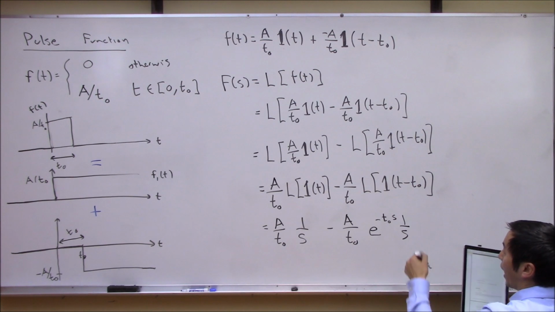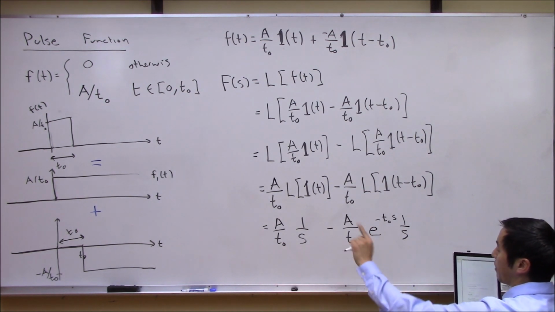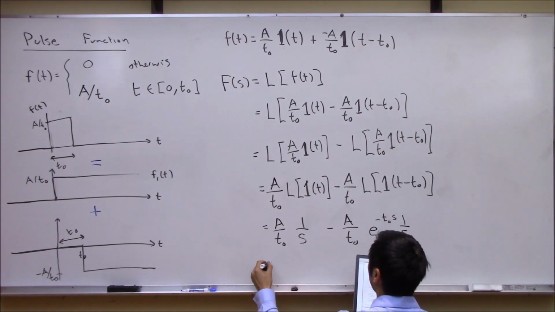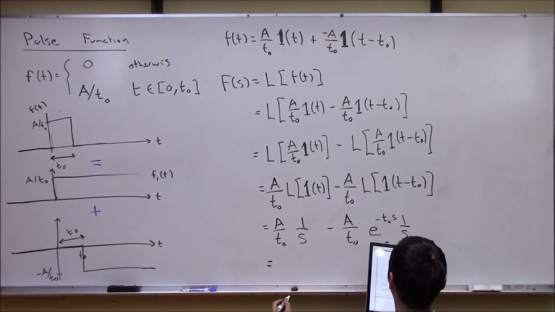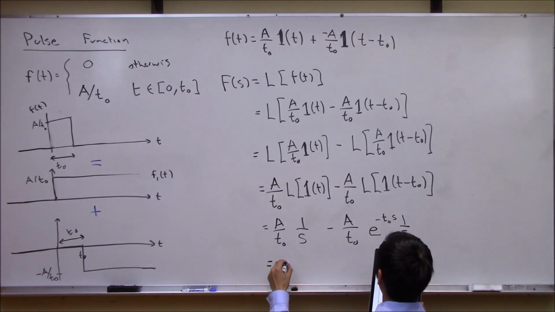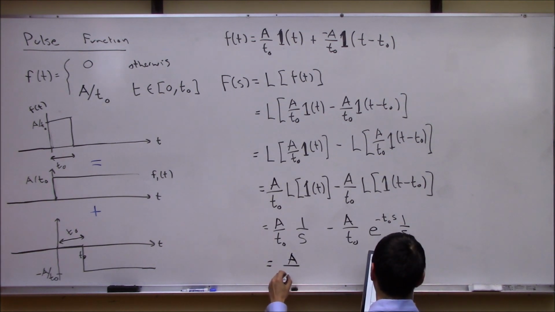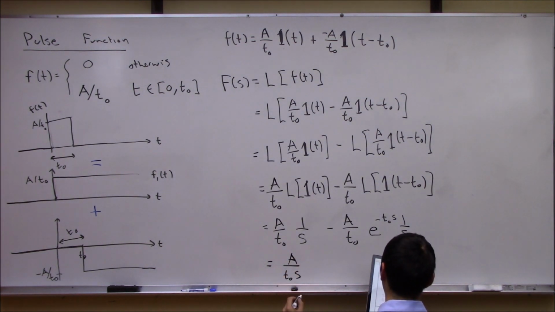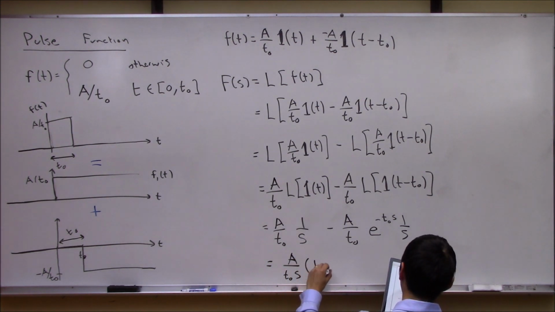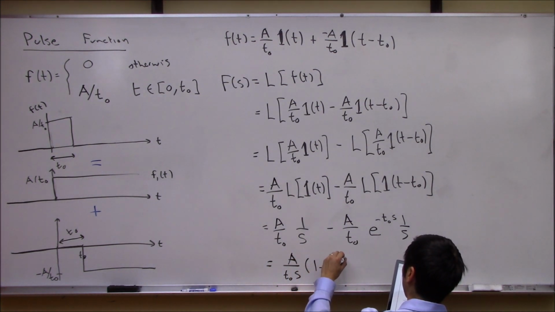There we go. And we're almost there. So now maybe let's just clean this thing up and simplify it a little bit. So I think I could write this whole thing as, yeah, all these come out. Okay, so it's a over t naught s times 1 minus e to the minus t naught s.